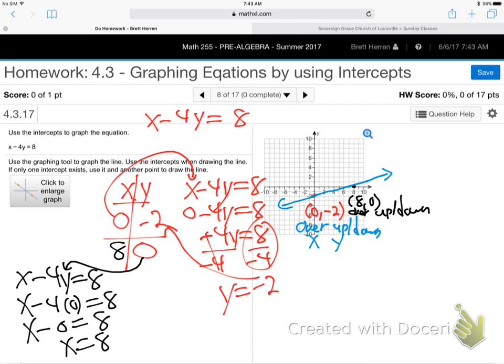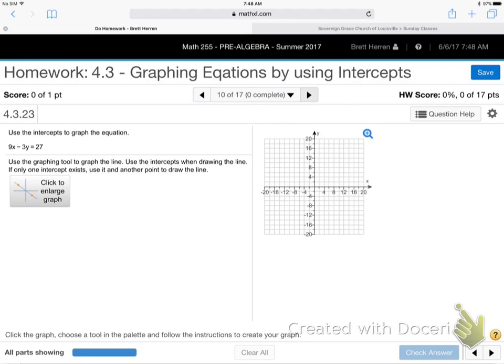Good. All right. There we go. So 9x minus 3y is 27.